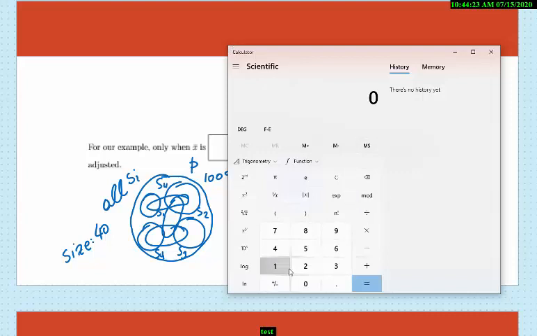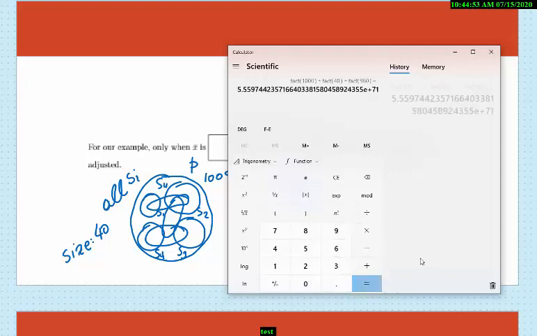How many are these? 1,000 factorial divided by 40 factorial times 960 factorial.